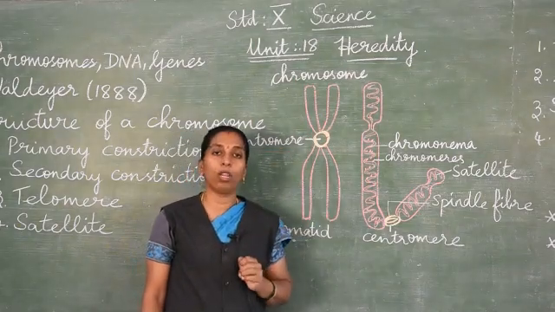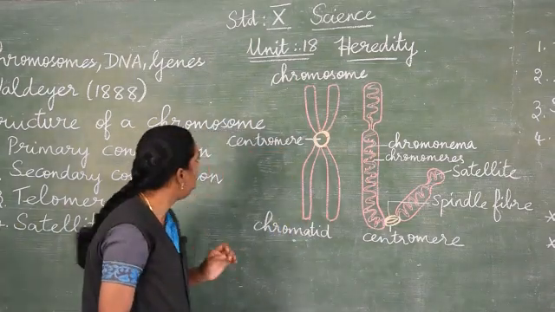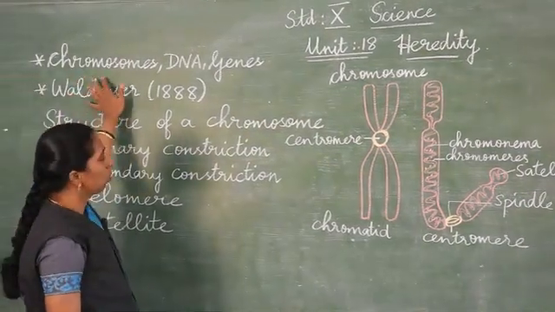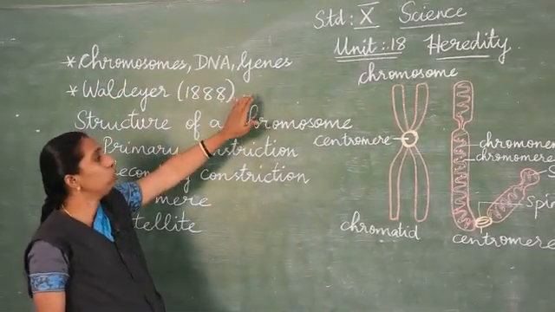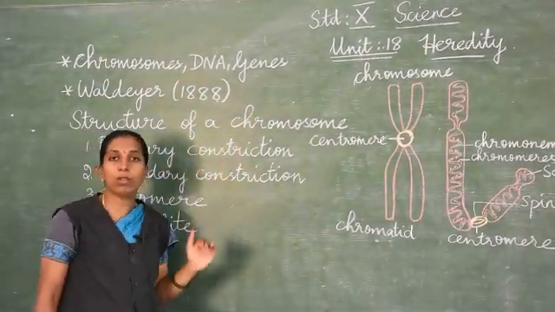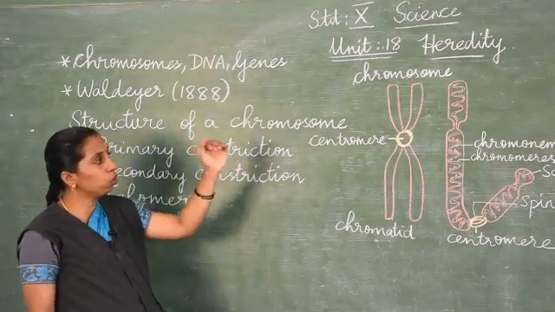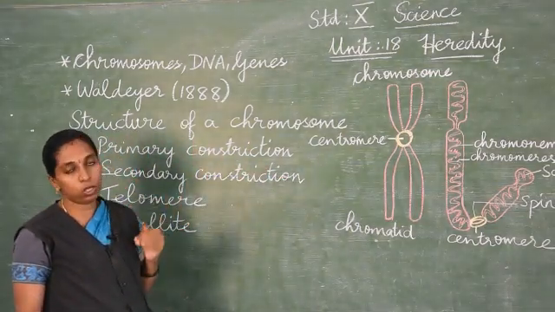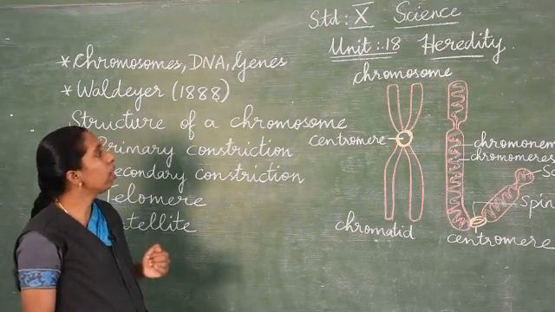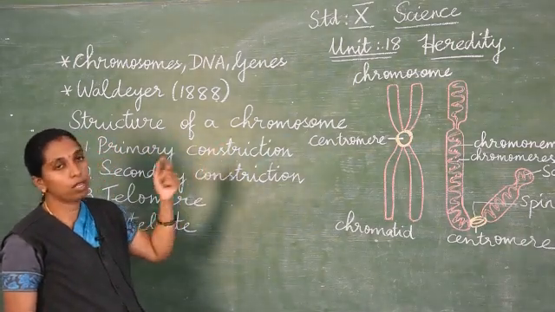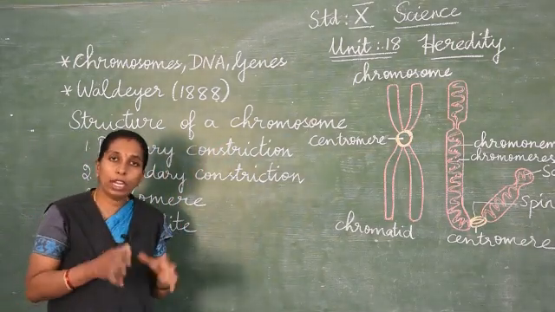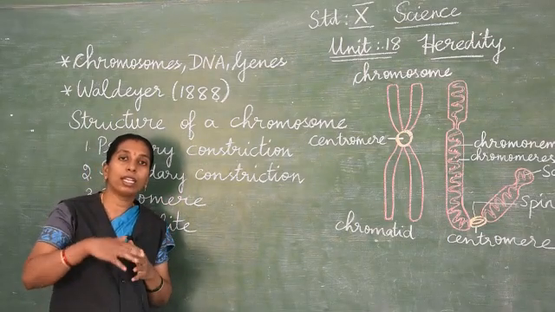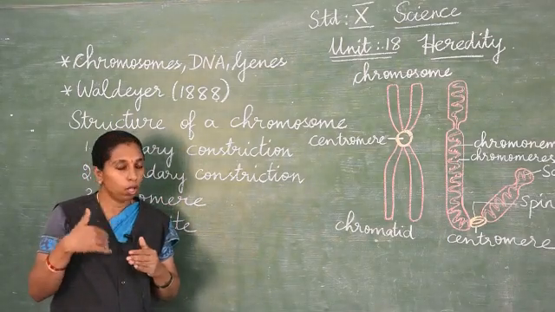So in this video, we will learn the structure of chromosome, DNA, genes, and different types of chromosome based on the position as well as based on the function. First, already we have learnt what is heredity. It is through genes. We have received the characters from parents to the offspring.